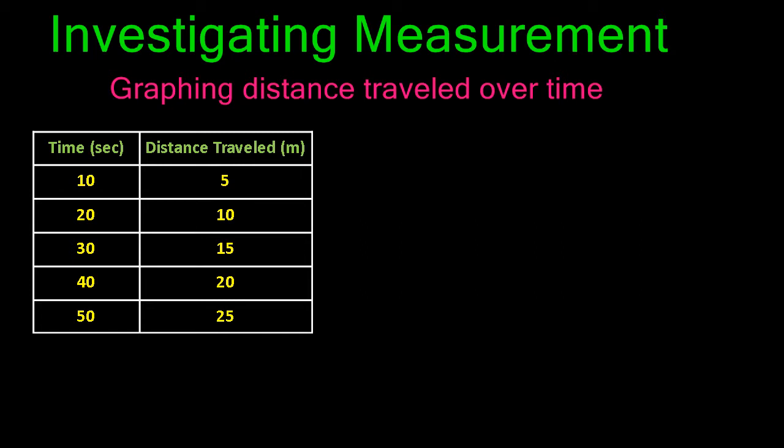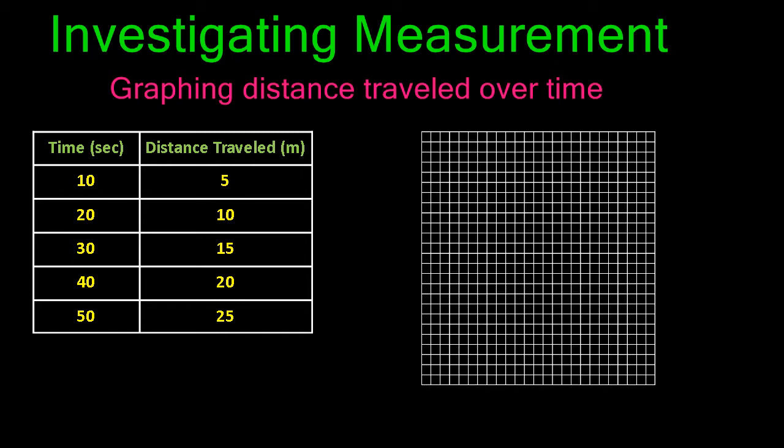In order to graph this data, we'll need to set up our graph in a very specific way. Conventionally, the independent variable, the known variable, in this case time, is placed on the x-axis, the one at the bottom.